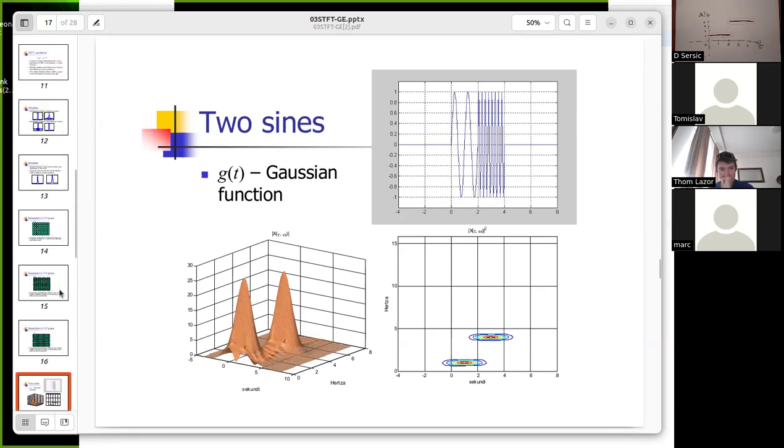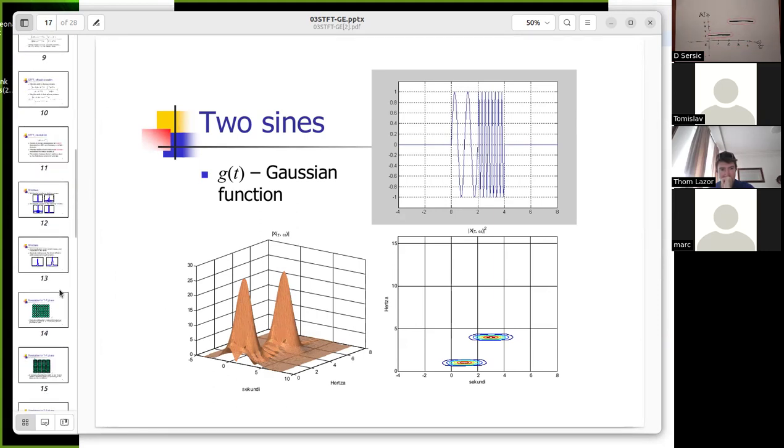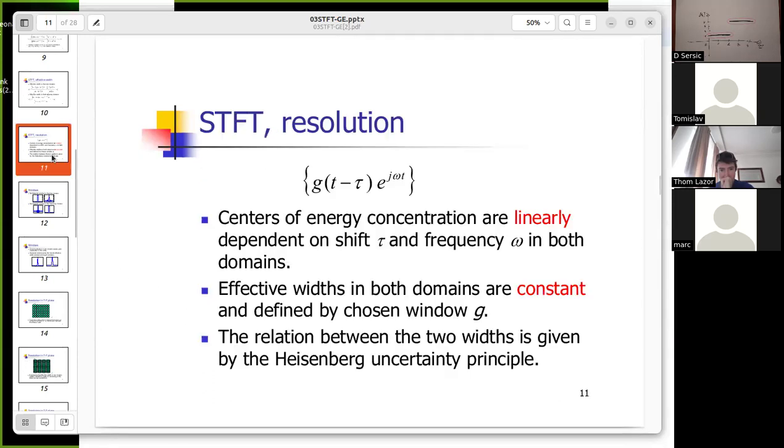Okay, the next question is: is all information preserved? Our result has one dimension more than the original one, and it would be funny if all the information were not preserved, if we could not go back from these two dimensions to our original signal. But of course, it depends on our localization window g.